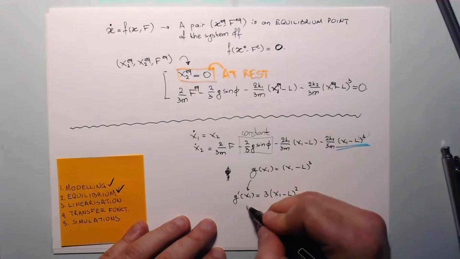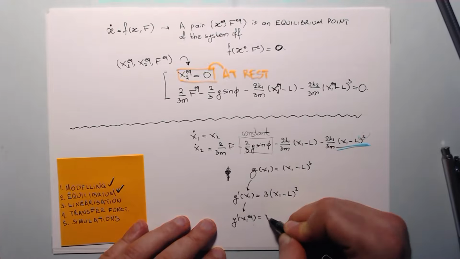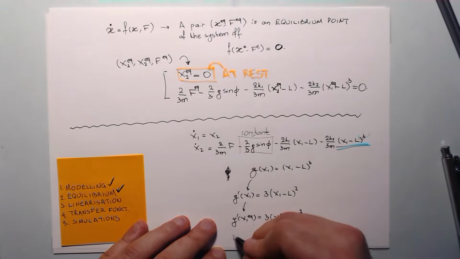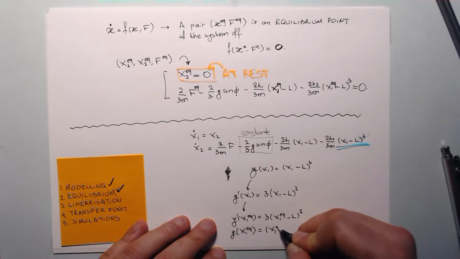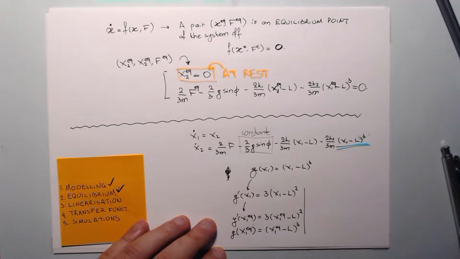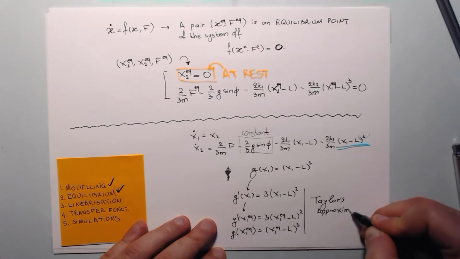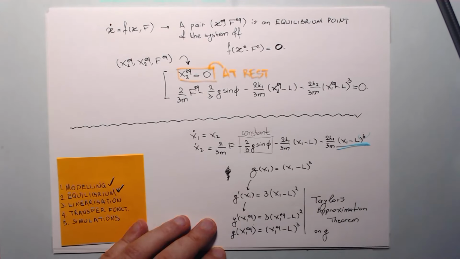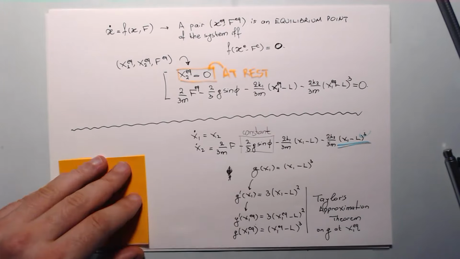We have to determine the derivative at x1 equilibrium. We have to determine the value of g at x1 equilibrium. And that's it. We can now use Taylor's approximation theorem on g at x1 equilibrium. So let's do that.